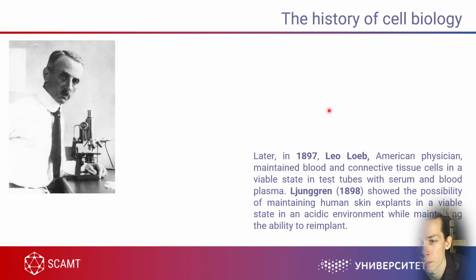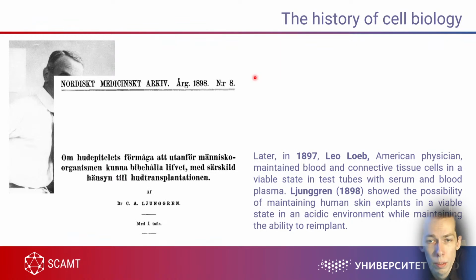Other researchers were connected with the works of Leo Loeb, an American physician, who worked with different connective tissues and with serum and blood plasma, and maintained them in a viable state. So it's already almost the 20th century.